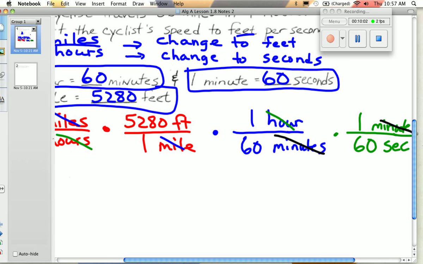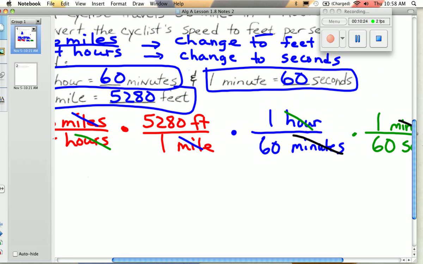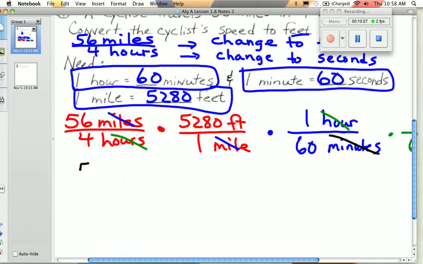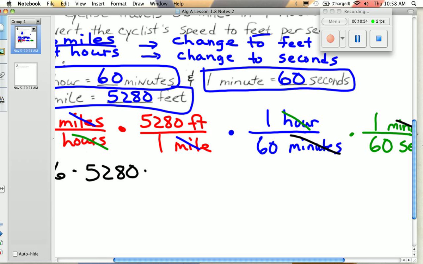After we see that the only label left upstairs and the only label left downstairs are the two labels we want, we're ready to do our multiplication. So we have feet upstairs and we have seconds downstairs. And we want feet per second. So we're going to multiply straight across. Put this on your paper, we're going to do 56 times 5,280 times, what does multiplying by 1 and 1 do?